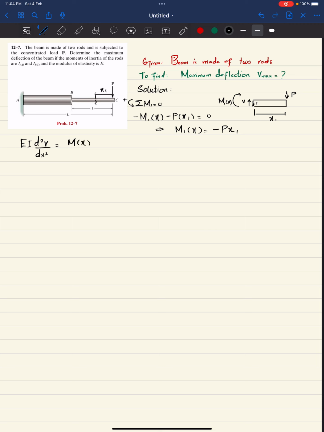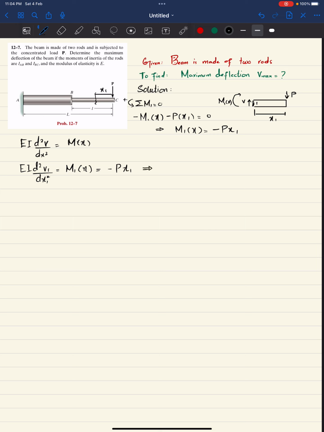In terms of x1 we have EI d square v1 over dx1 square is equal to m1 of x, and this m1 of x is minus P into x1.